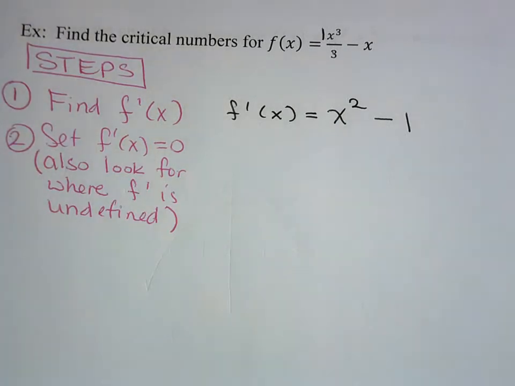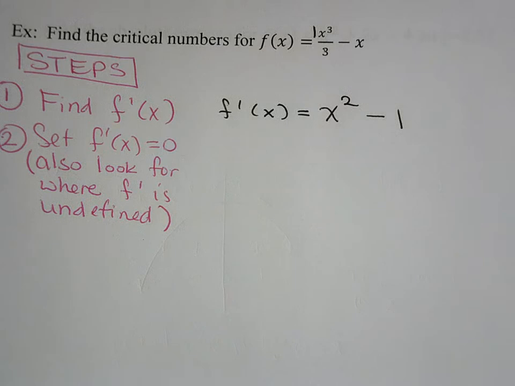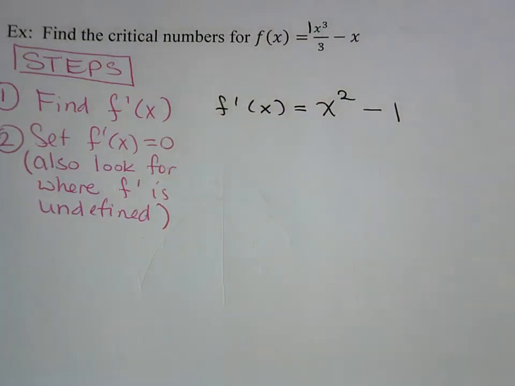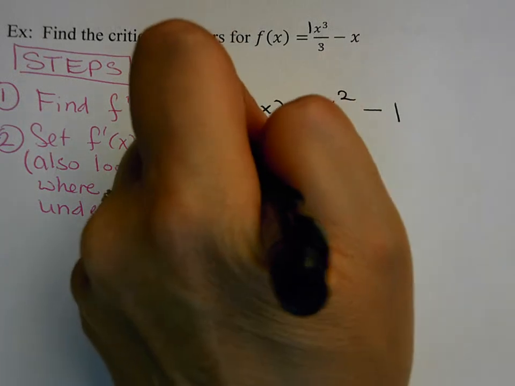And that would be when the denominator equals 0, right? When it's undefined is when your denominator is equal to 0. So I don't have a place where I have a denominator, so it won't be equal to 0. So I'm going to go ahead and just set it equal to 0. So replace f prime with 0.